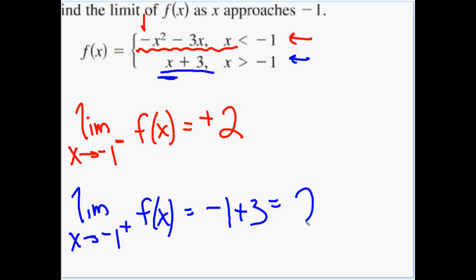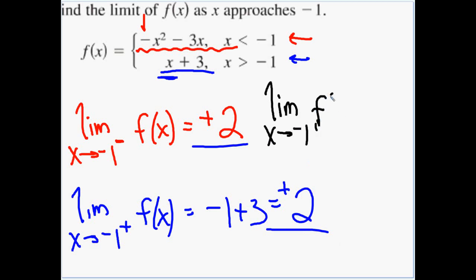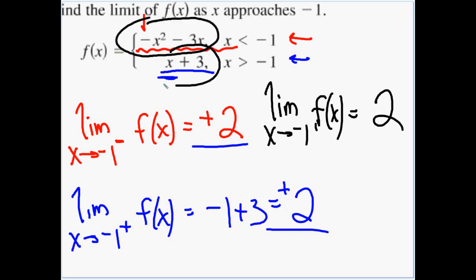So our limit from the left is 2. Our limit from the right is 2. So we can say the overall limit, the limit as we approach -1 of our function f of x, is also equal to +2. Where the top function left off, the bottom function picked right up. So that's why we have our same output value, +2.